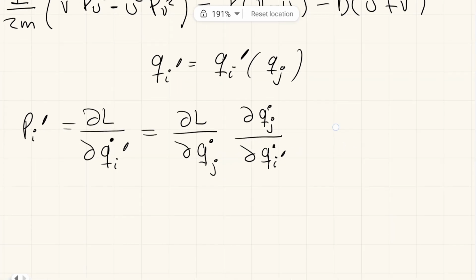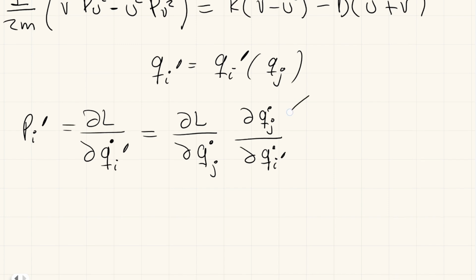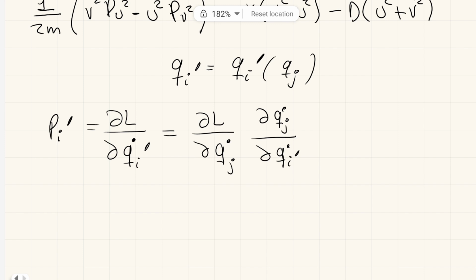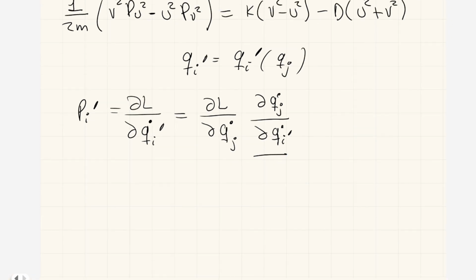Again, we are using the chain rule. We take the derivative with respect to the old variable, and then we take the derivative of that variable with respect to the new variable. Okay, perfect. But we are interested in this part that we have here. What is this going to be?